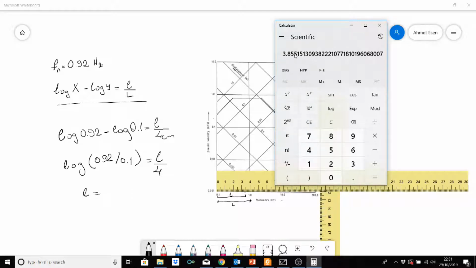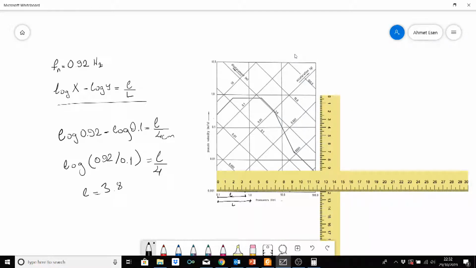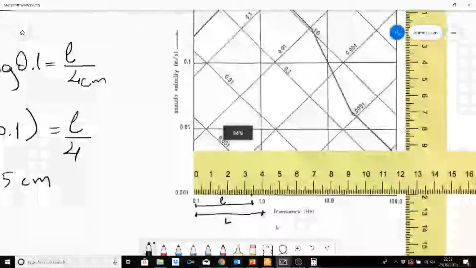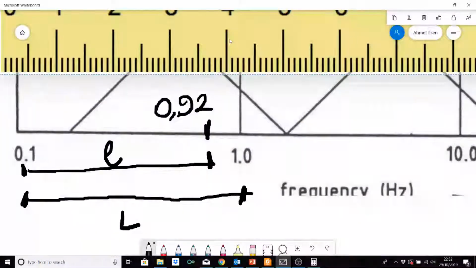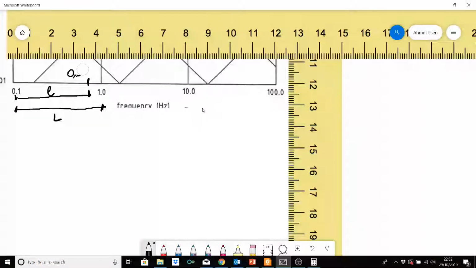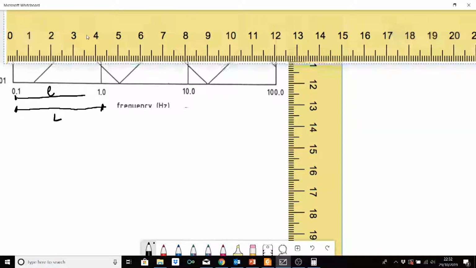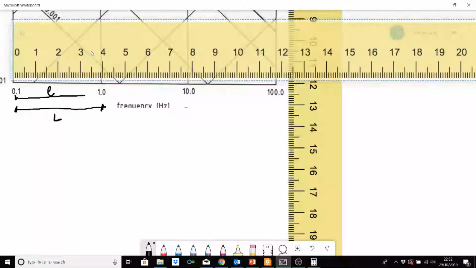So l means 3.85 centimeters. Now I will find out where this exactly is. Let me move this away.